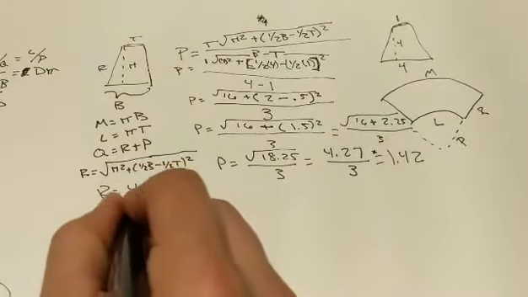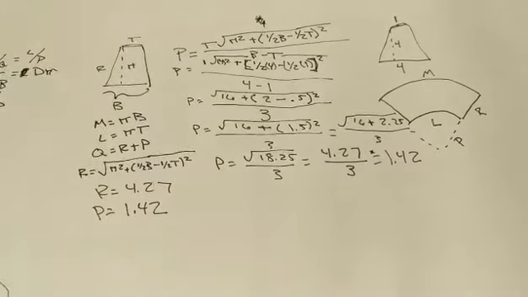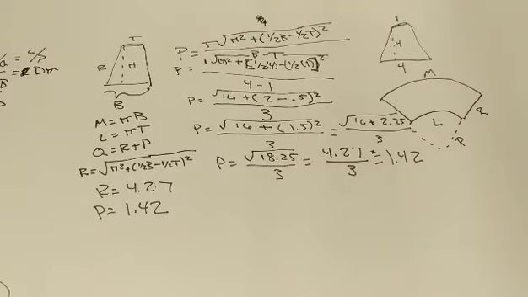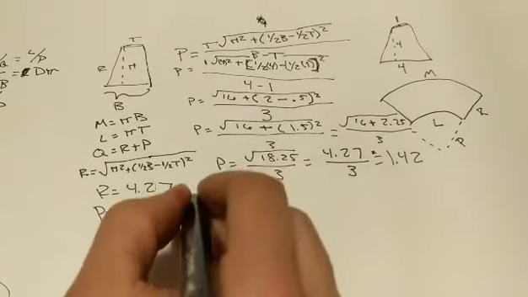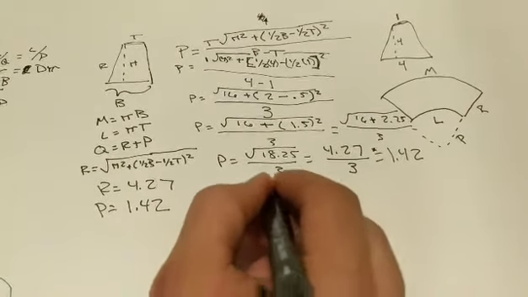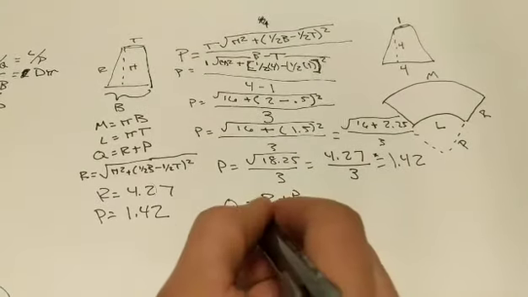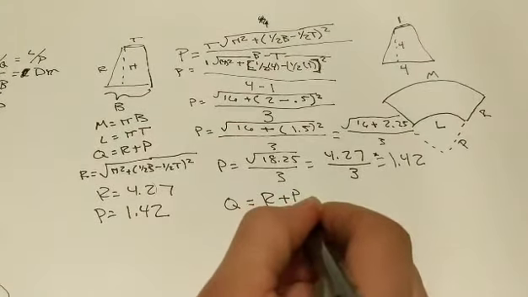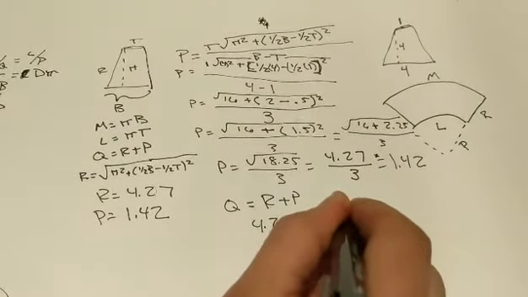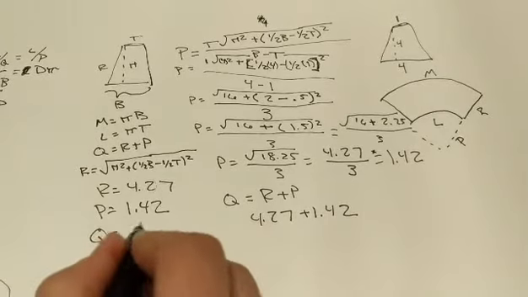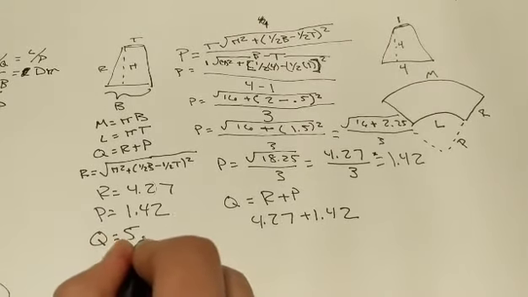So that's our P. Then we need to know Q, which is R plus P, or in this case 4.27 plus 1.42. Q is going to be equal to 5.69.